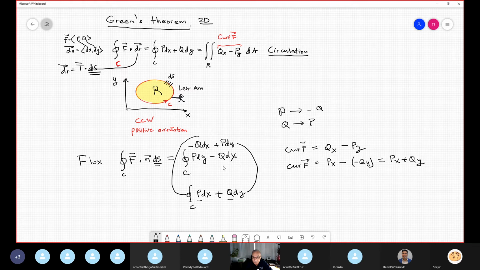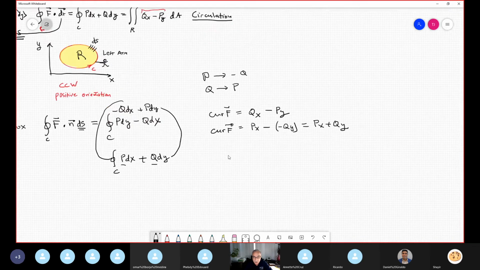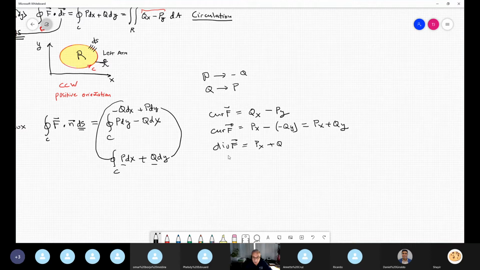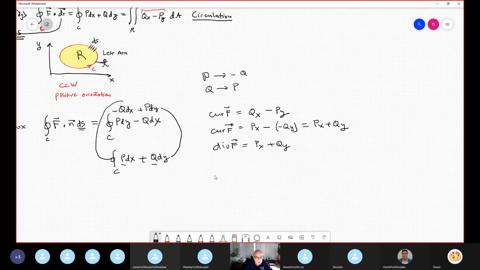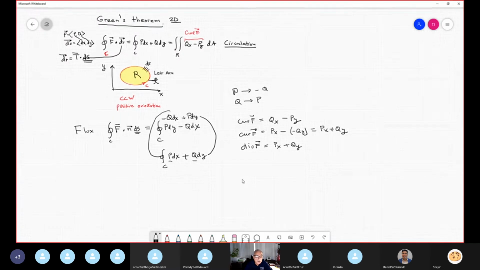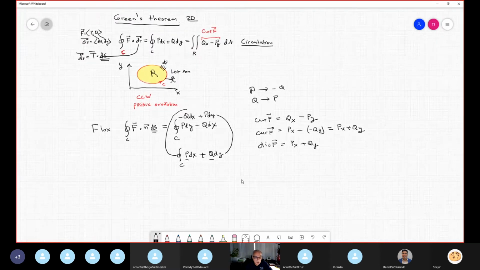In this case, this matches perfectly with the definition of divergence. Divergence, by definition, is the partial derivative of p with respect to x plus the partial derivative of q with respect to y. I take advantage of this. Then Green's theorem applies to the flux idea, remember, p dy minus q dx.